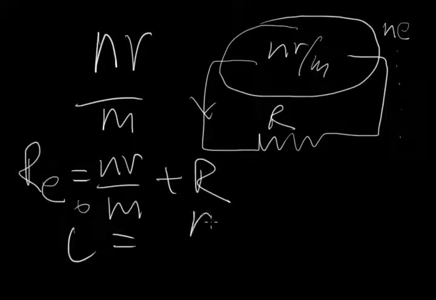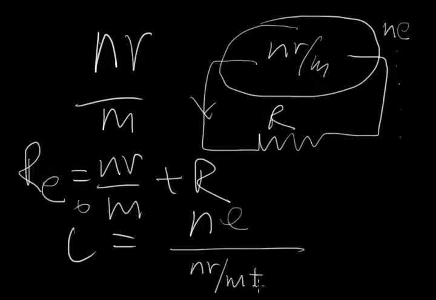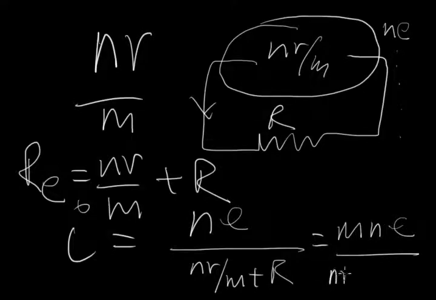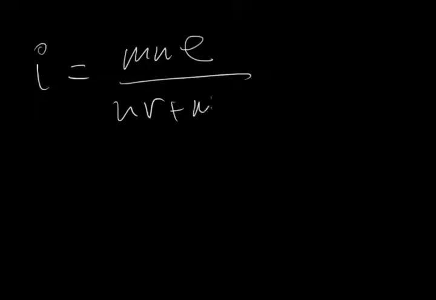So the current here is nE divided by nr by m plus capital R, which comes to mnE divided by nr plus mR.